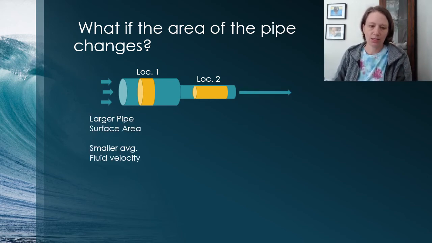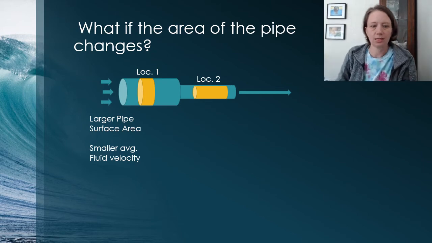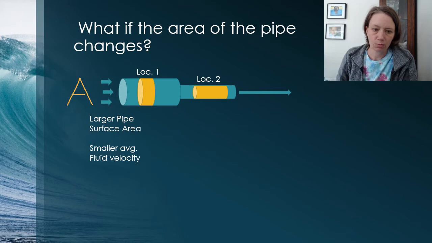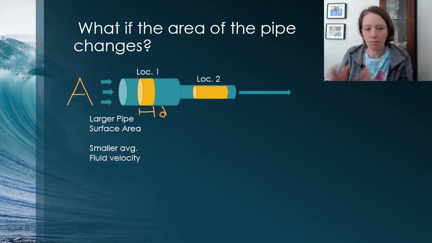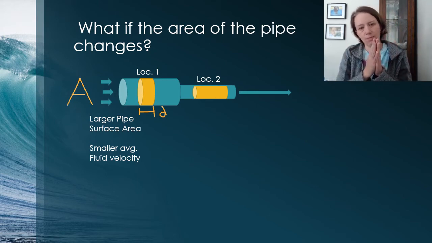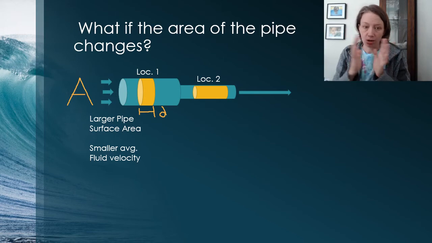What this means essentially is that the larger the surface area of the pipe, the smaller the velocity of the fluid, because in this first area, that water or whatever it is only has to move a very small distance in a certain amount of time to cover the mass flow rate conservation principle.